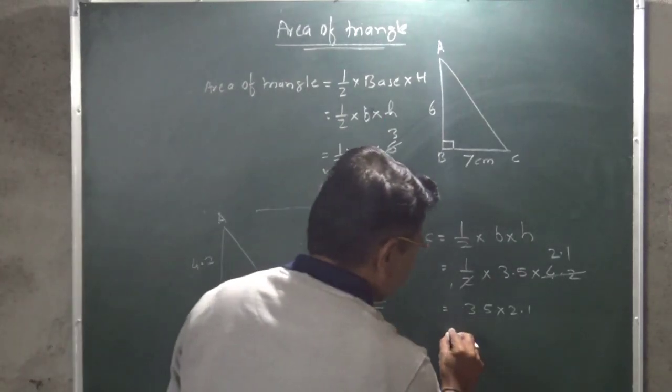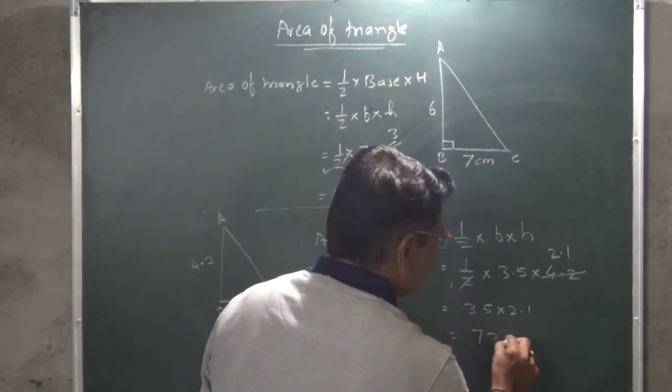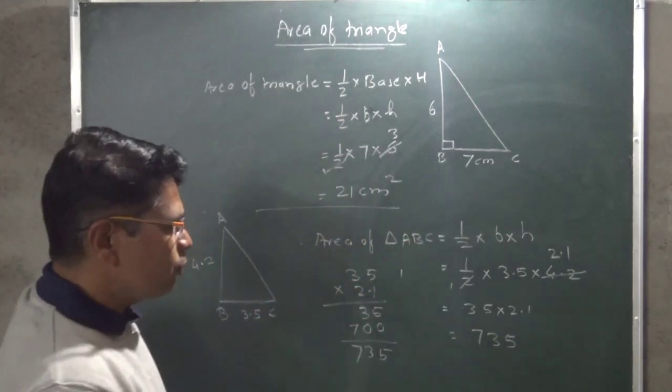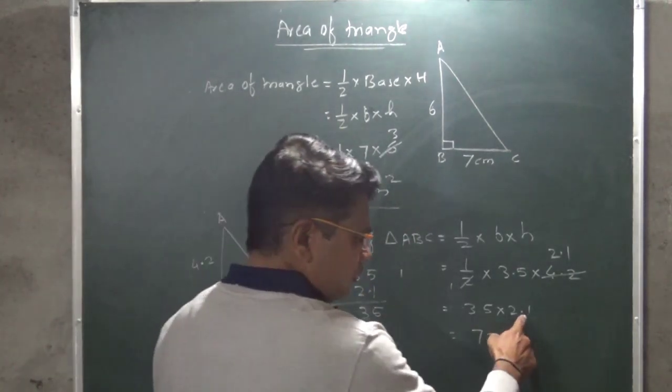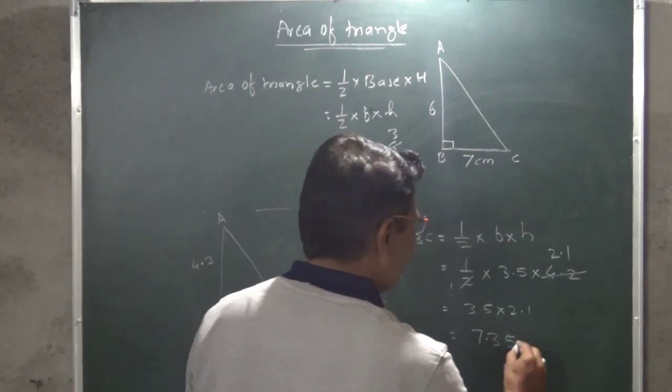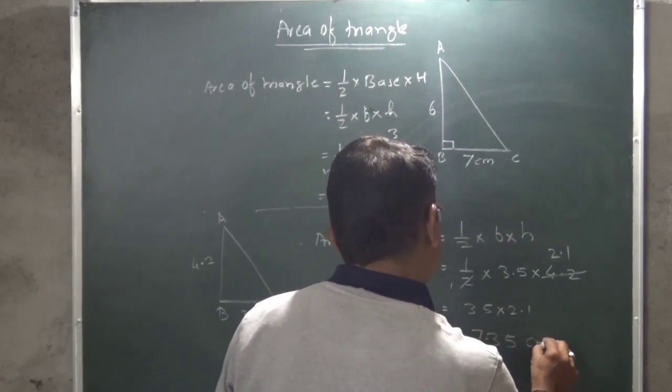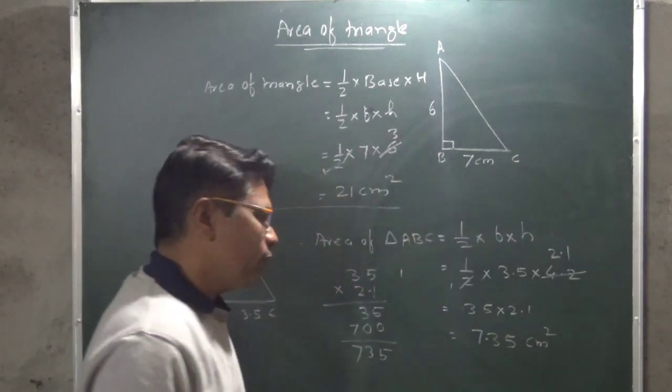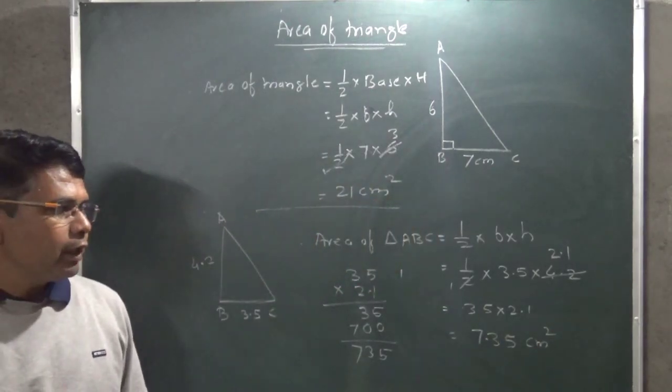It came as 735. Where do we take the decimal point? It's 1 and 1, so 2 places. Therefore, 7.35 centimeter square.